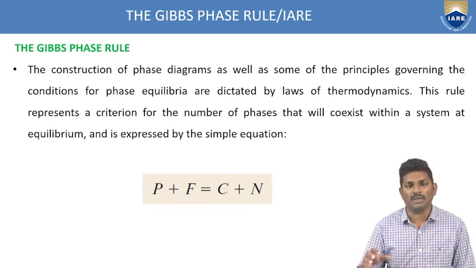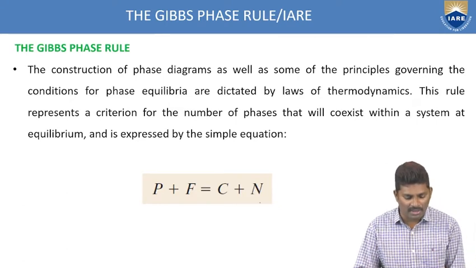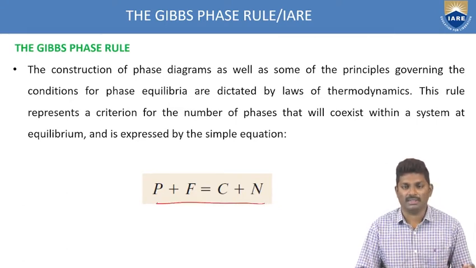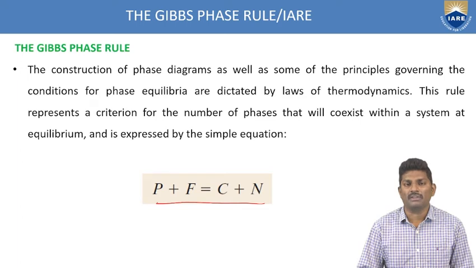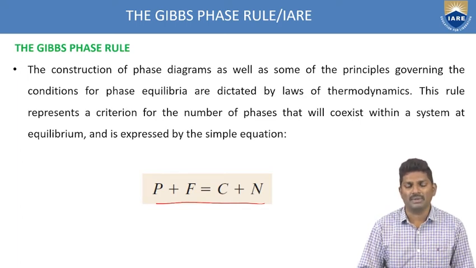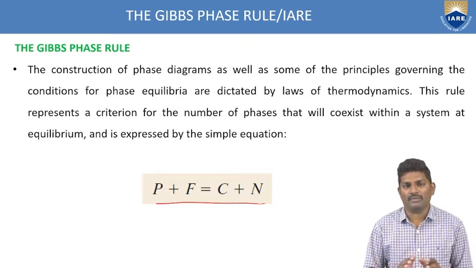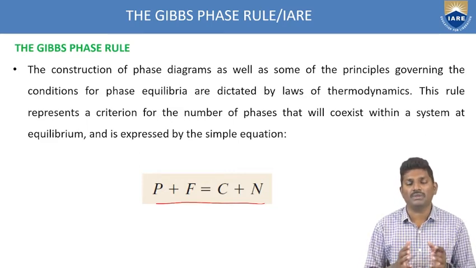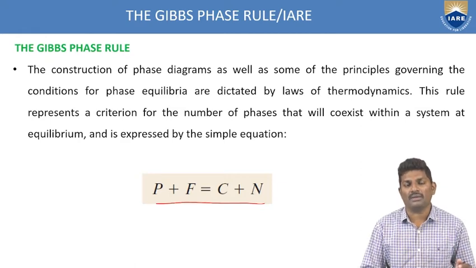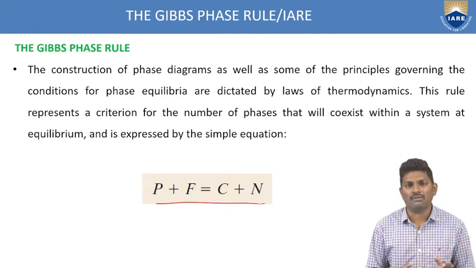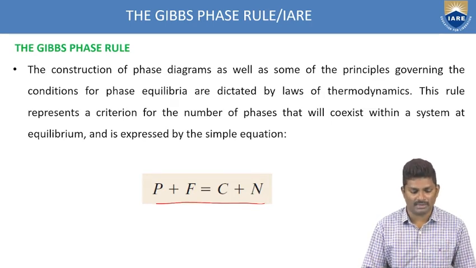The equation for the Gibbs rule is given by P + F = C + N. So this is the Gibbs phase rule, which is useful for us to identify how many phases are present in the phase diagram. That is very important when you start drawing the phase diagram. Now we'll see what P, F, C and N are in the coming slides.